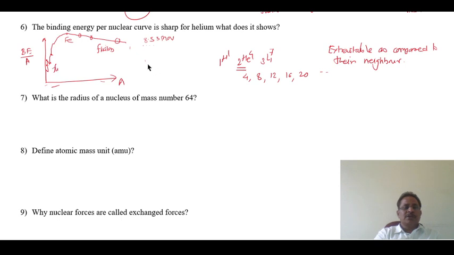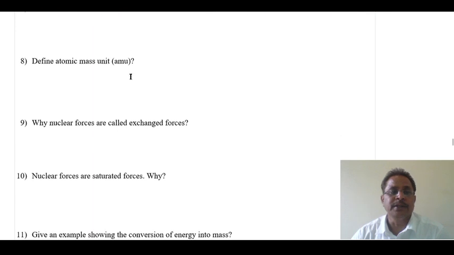This is called the fusion region. In fission, a heavier nucleus is broken and converted into two smaller nuclei, and the difference in binding energy per nucleon is released. Both fission and fusion can be understood on the basis of this binding energy per nucleon curve as shown in the diagram.